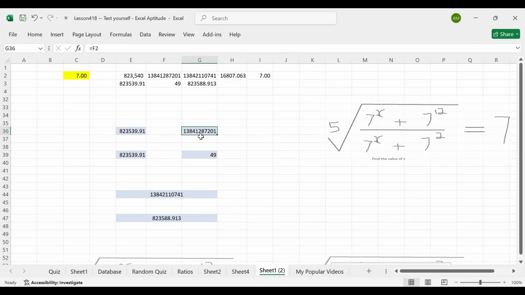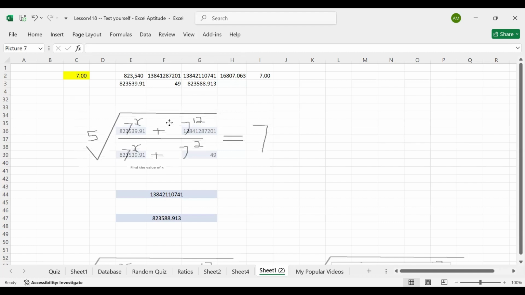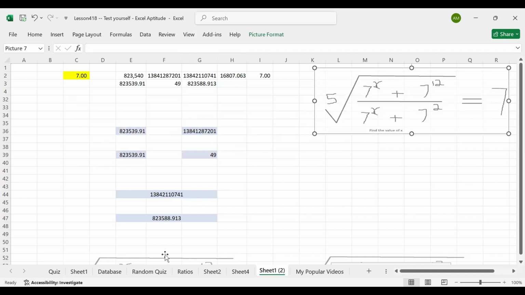This is E2 plus F2 divided by E2 again, because 7 is x, which is always E2, and then 7 squared, 7 raised to power 2, that is F2, F3. So you can use the same expression to better understand which expression is being resolved with what value, and how it is being prepared.